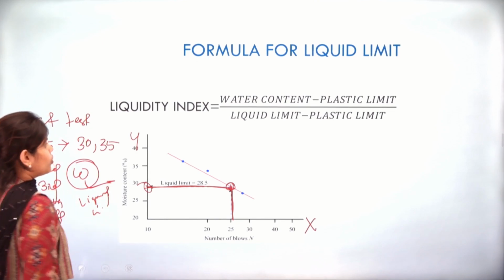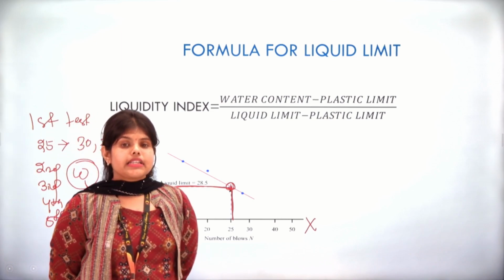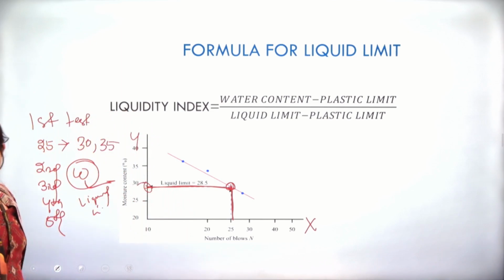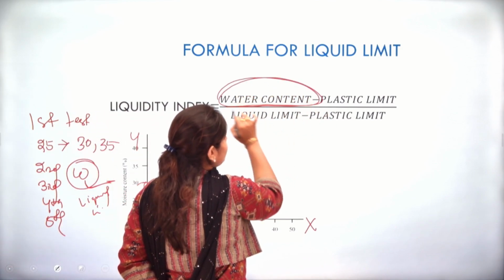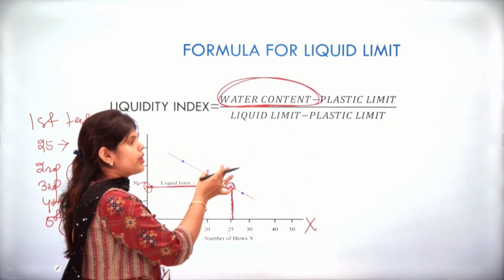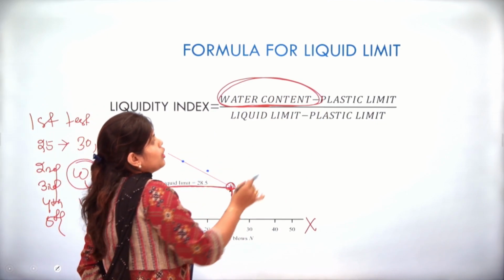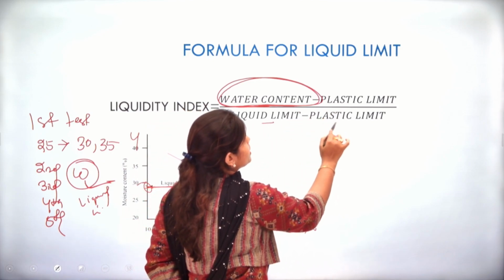There is also one formula to find the liquidity index. Liquidity index is the natural soil water content minus plastic limit, divided by liquid limit minus plastic limit. How to find the plastic limit, we will discuss later.